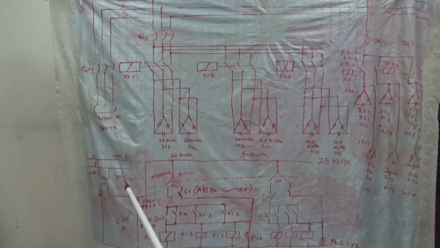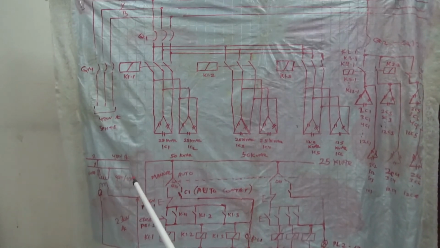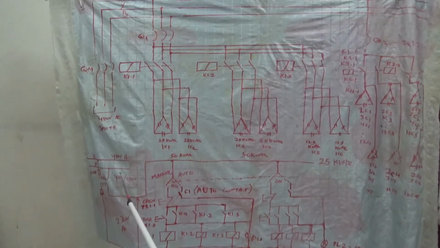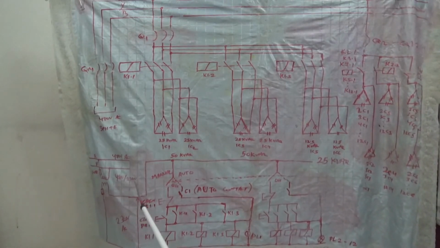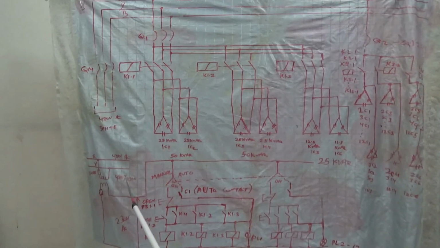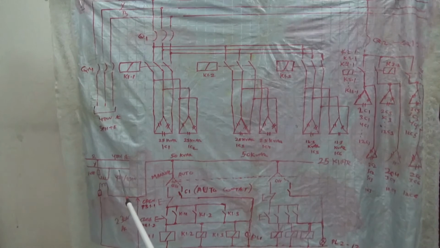So we have to reduce the voltage to a safe limit. Our control voltages are 230, 110, 48, 24, AC or DC, depending on the system requirement.